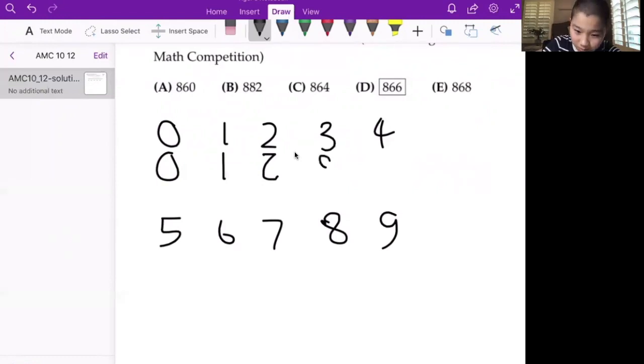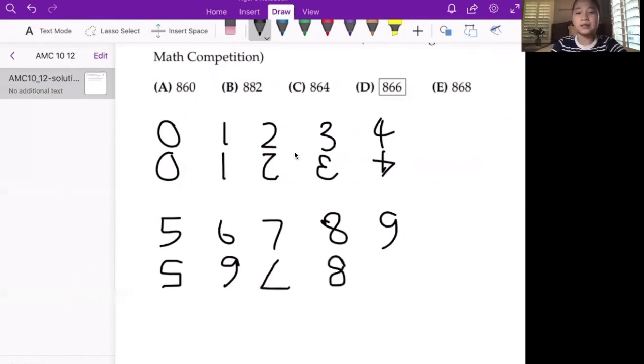For 3, it becomes this. For 4, it becomes this. For 5, it becomes this. For 6, it becomes 9. So that's interesting. For 7, it becomes this. For 8, it just goes back to 8. For 9, it actually becomes 6.